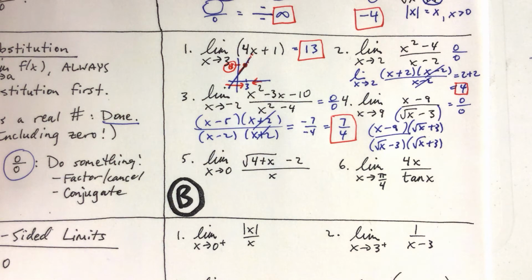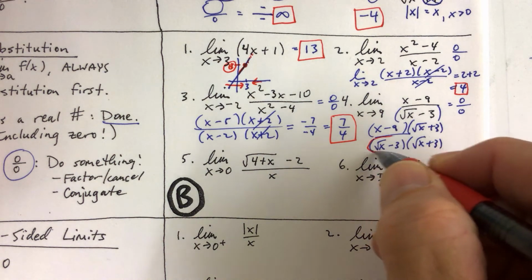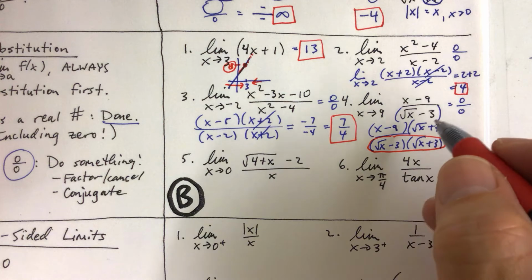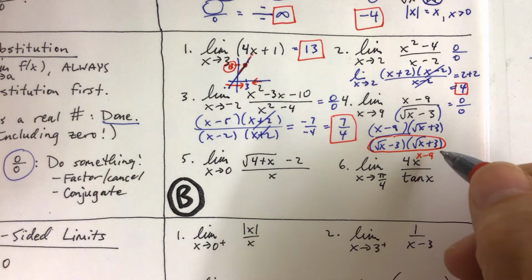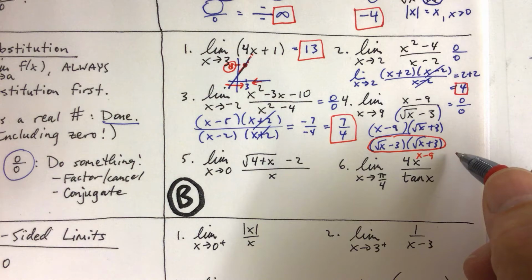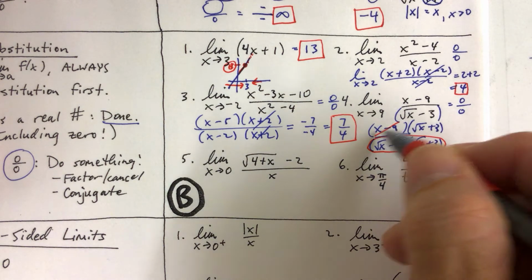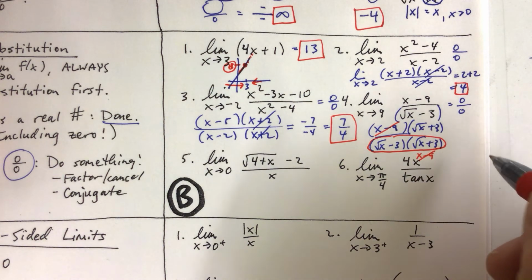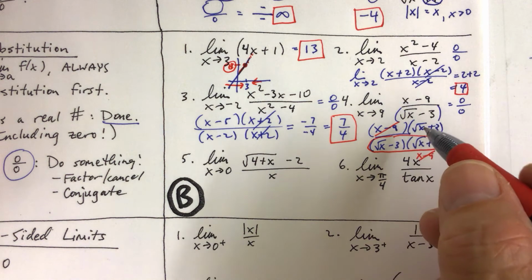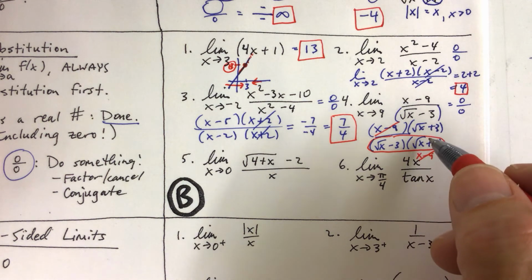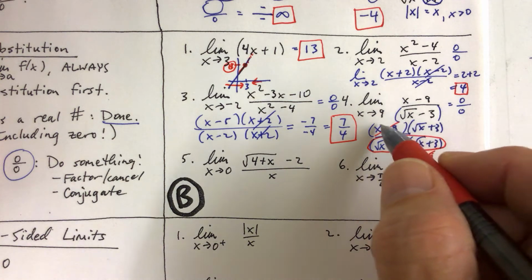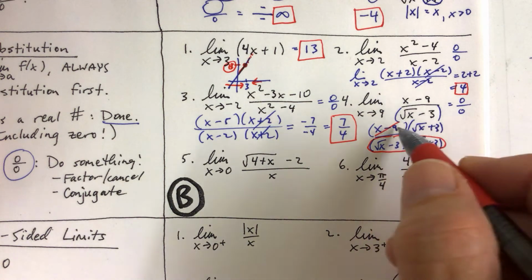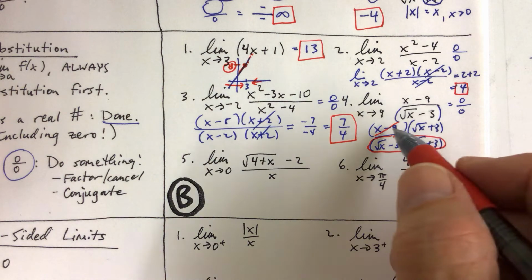Now, we did a couple of these in class. When you multiply these two together, you get x minus 9. So I'll let you do the work for that. The x minus 9's cancel. Whenever you're going to multiply top and bottom by the conjugate, make sure you don't multiply out these factors in the numerator, because you're going to have to end up factoring it anyway.